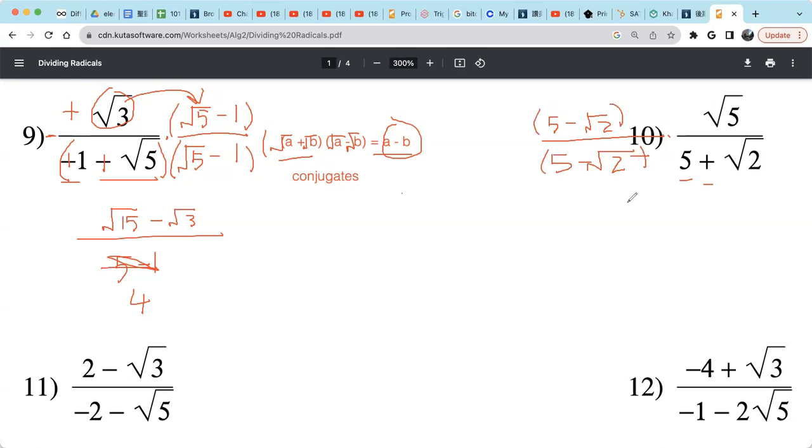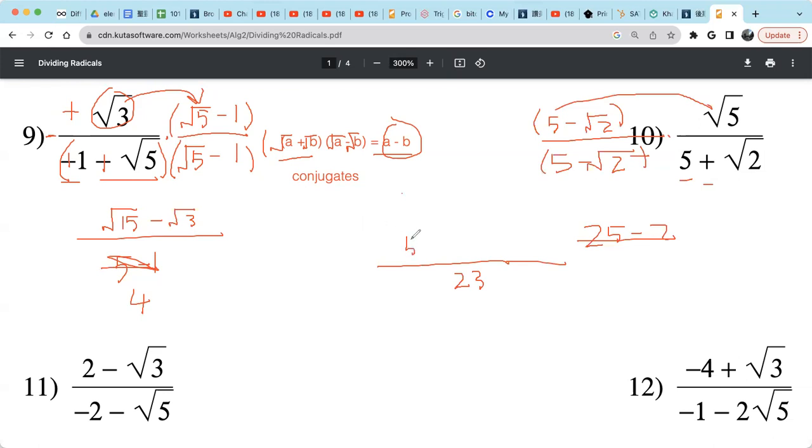Okay, the bottom, what do we have? I have 5 squared, which is 25, minus square root of 2 squared, which is 2. We simplify this, we get 23. So the denominator is 23. And what's the numerator? The numerator will have square root of 5 times 5.